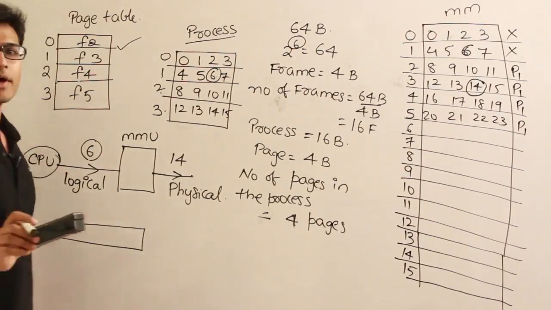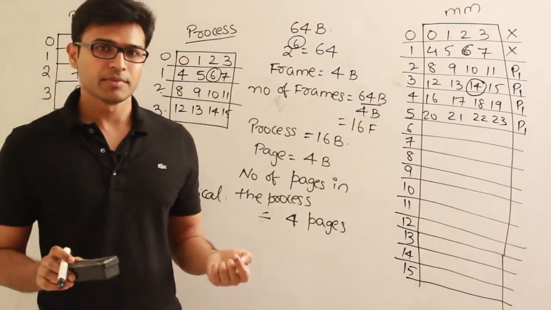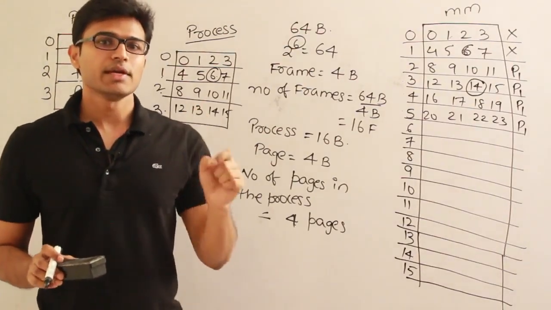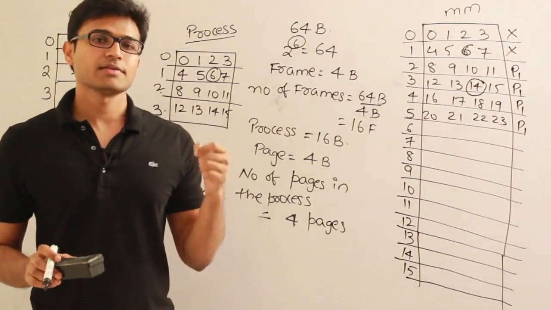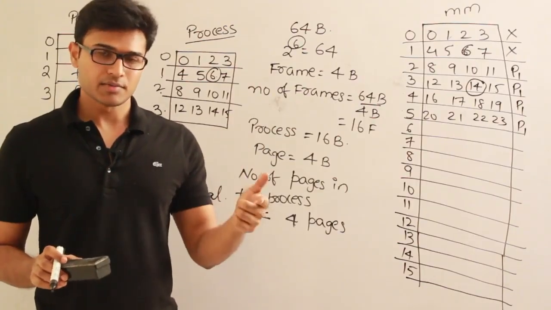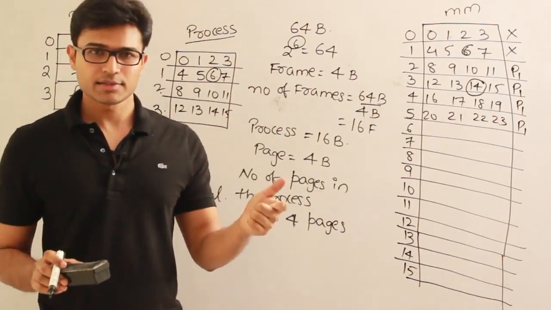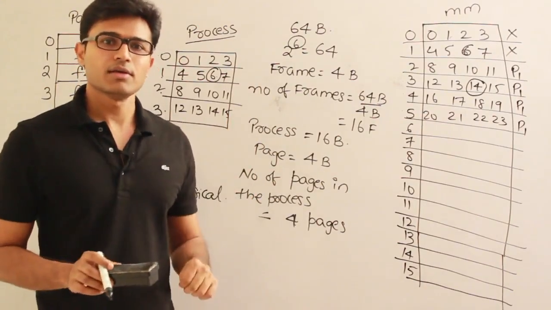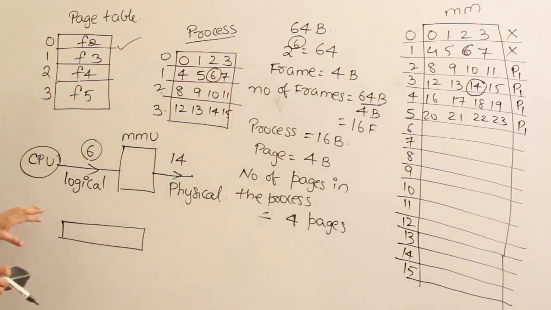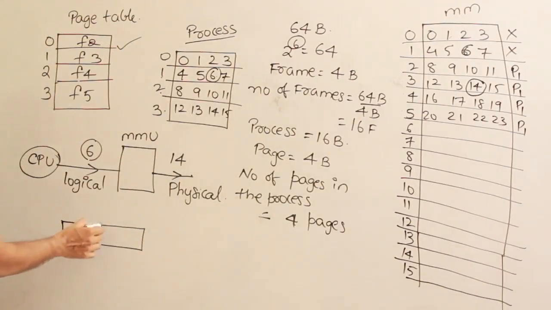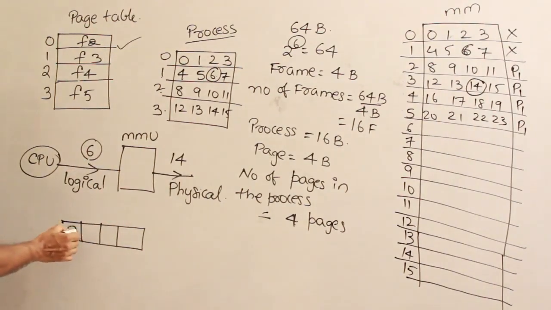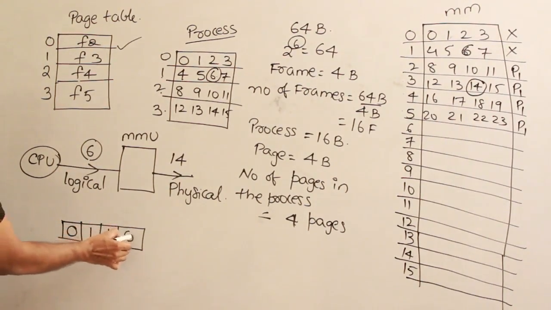Therefore, how many bits are required? If it is byte addressable, meaning we are trying to address every byte, and there are 16 bytes, then 4 bits are required in the address, right? Because 2 power 4 is 16, isn't it? So 4 bits are present in the logical address, and the address generated is 6. So what is the value of 6? 0110, right?